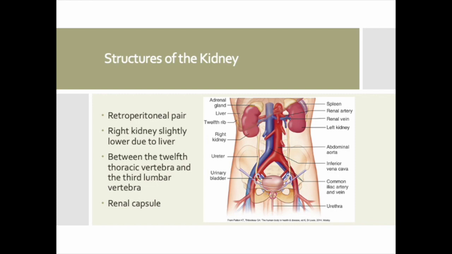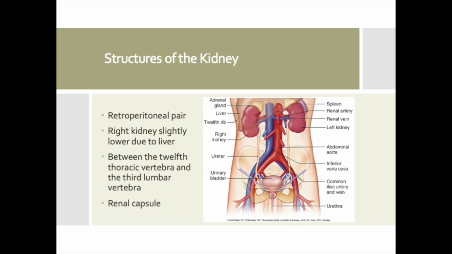Each kidney is about 11 centimeters long and approximately 5 to 6 centimeters wide. It's actually a pretty thick organ as well, about 3 to 4 centimeters. We have a tight adhering renal capsule that surrounds each kidney, and this is embedded in the mass of the perirenal fat.